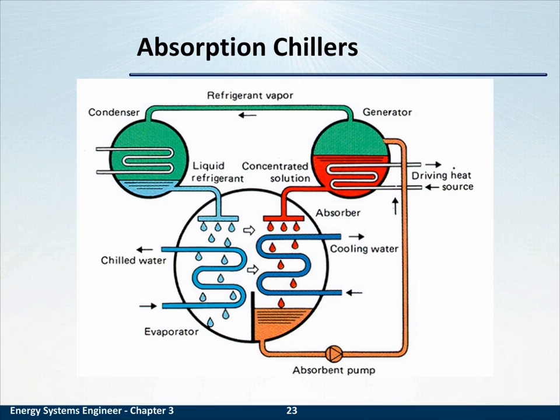The remaining liquid absorbent in the generator passes through a valve, pressure is reduced, and then recombined with these now low pressure refrigerant vapors that return from the evaporator, and the cycle is repeated.